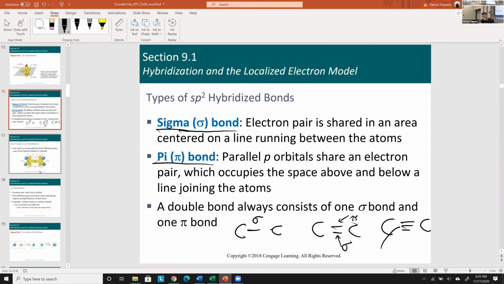So the middle one would be your sigma bond. The 2 outside ones would be your pi bonds. And they're the electrons that are parallel to the sigma bond, and their p orbitals are parallel to that sigma as well. So that's a different bond. So sigma and pi bond. And we're going to be referring to that when we get to molecular orbitals.